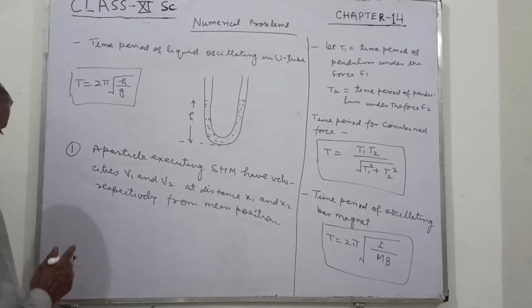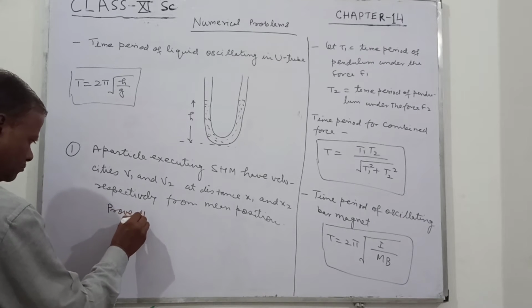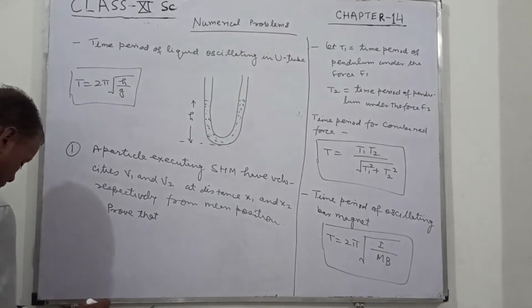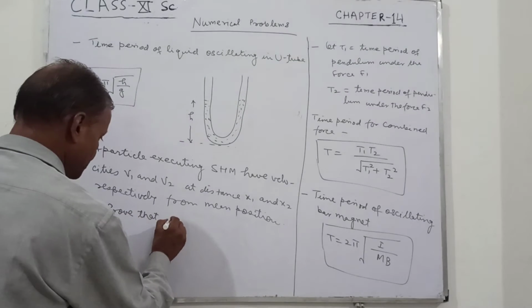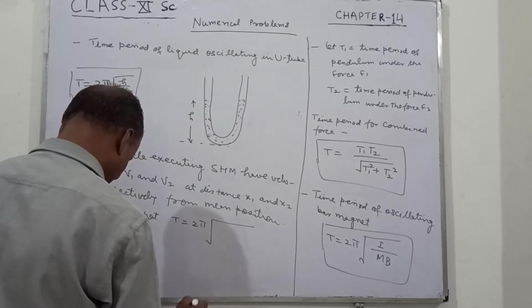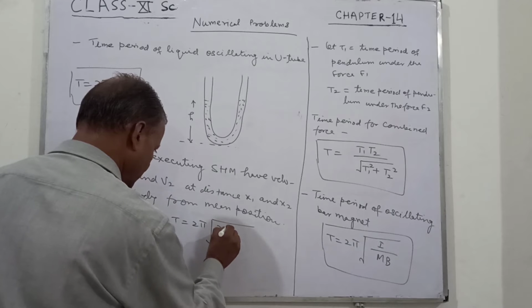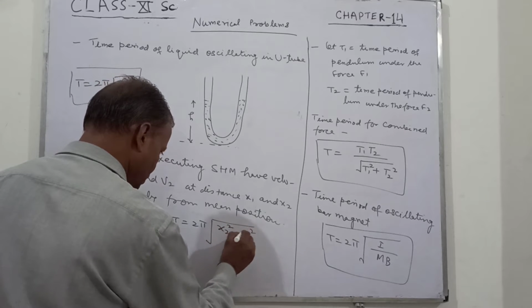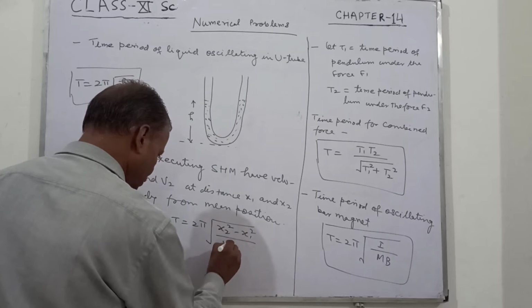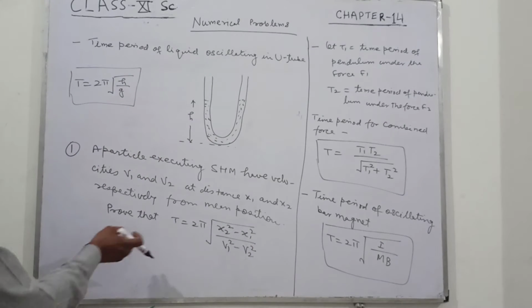Then you have to prove that t is equal to 2 pi square root of x2 square minus x1 square upon v1 square minus v2 square. This you have to prove.